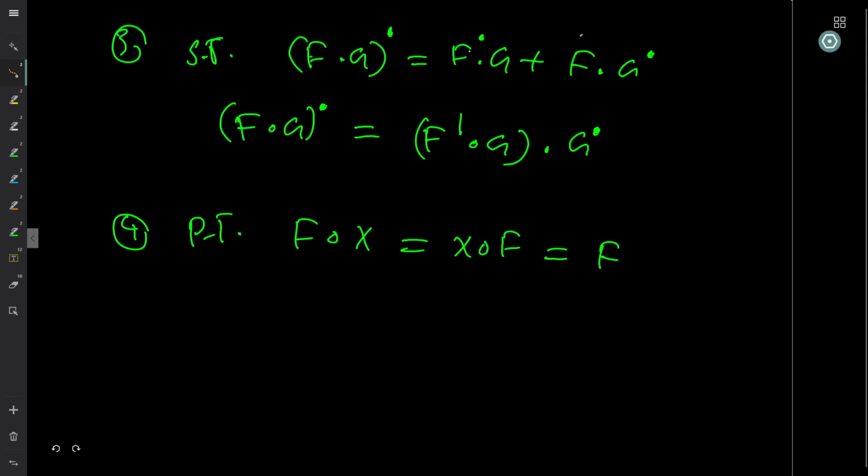So f dot times g plus f times g dot. Similarly, show that f composition g dot, I will write it more clearly, f composition g dot is equal to f dash composition g times g dot.